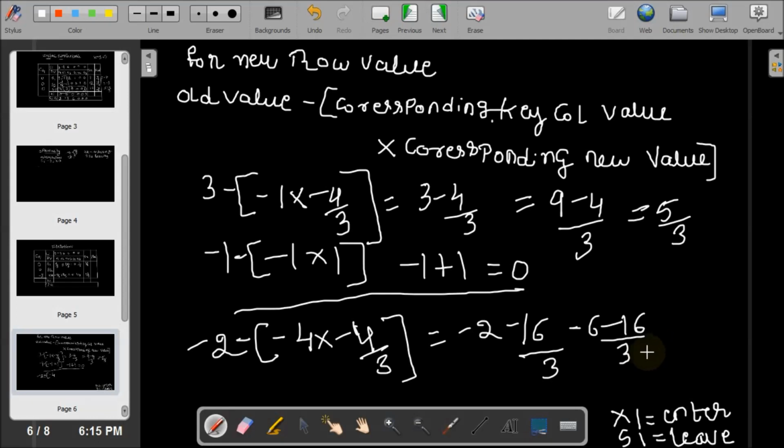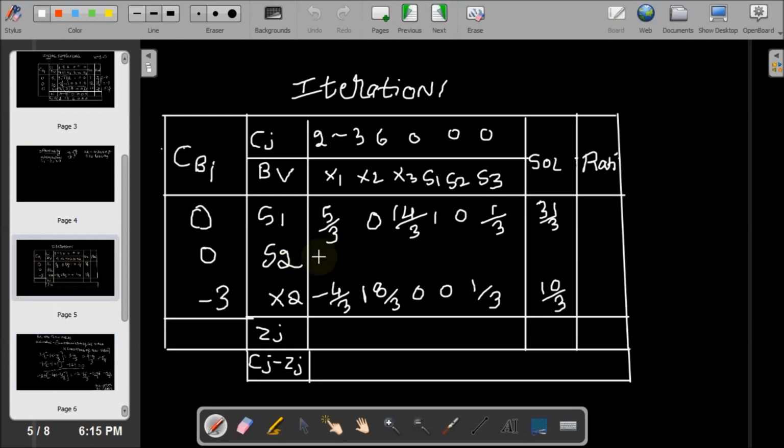I can write this as -22 by 3. So what is the new value for S2 here? So first new value is -22 by 3. Getting, guys?